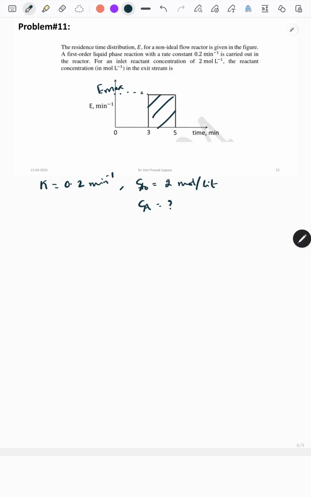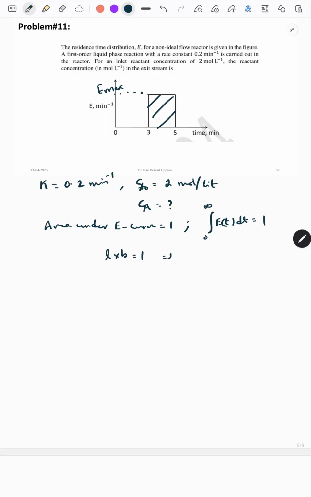Since it is in the form of a rectangle, as we already know, the area under the E curve should be equal to 1. The mathematical representation is integral 0 to infinity E of t dt is equal to 1. Since it is a rectangle, length into breadth is equal to 1.